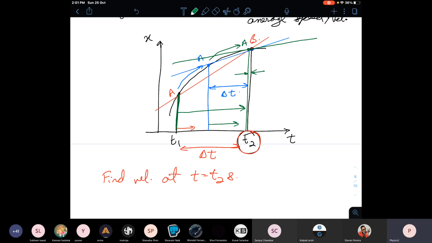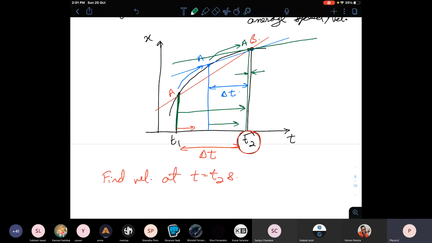Practically there is no way to measure the difference between the two lines. I have drawn it with a bit of difference, but if you draw it so close that you are unable to measure the difference, then it starts representing instantaneous velocity.